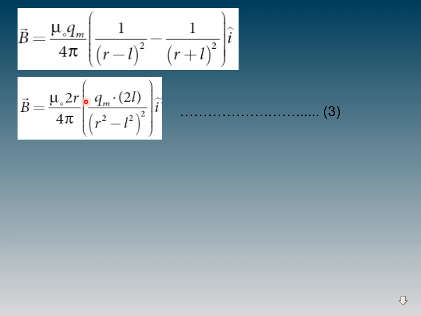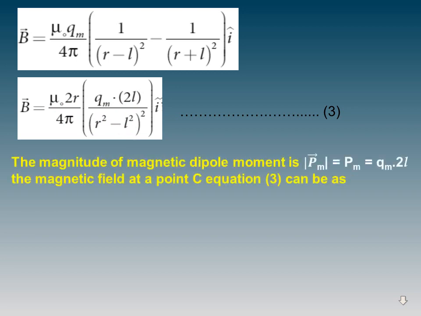We take this 2r out, so mu naught by 4 pi into Qm 2l divided by (r square minus l square). This is equation number 3. The magnitude of the magnetic dipole moment is modulus of Pm equal to Pm, which is equal to Qm into 2l. We are going to substitute Pm instead of Qm 2l.